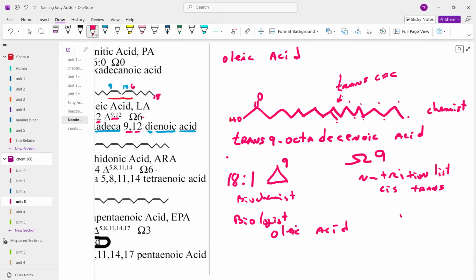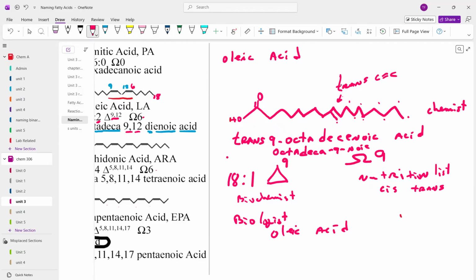It's going to be 9-octadecanoic acid. The other way you'll see it written is octadeca-9-enoic acid.